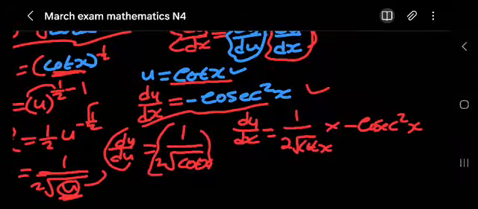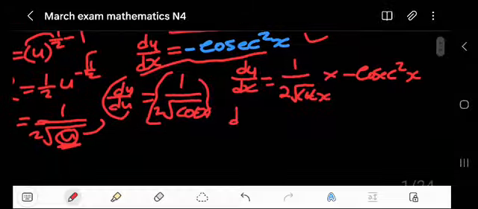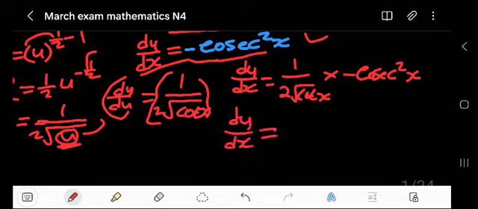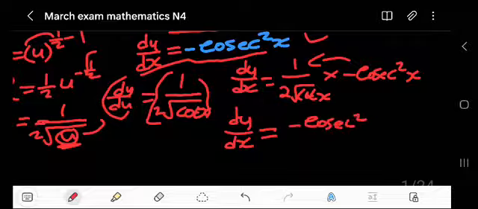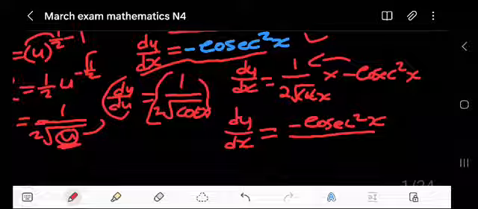So it's a matter of mathematics now. dy over dx will be equal to, when you multiply, the 2 root cot x goes to the bottom: negative cosec squared x divided by 2 times the square root of cot x.